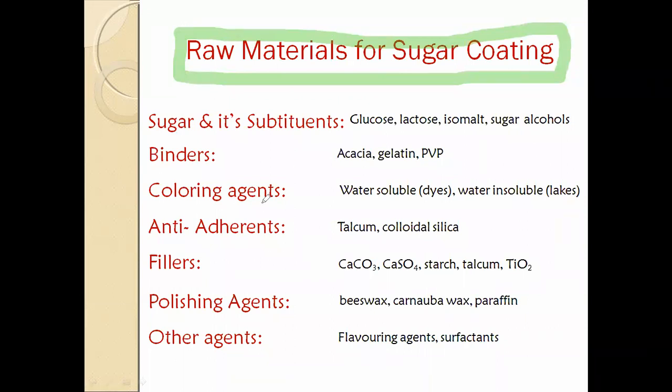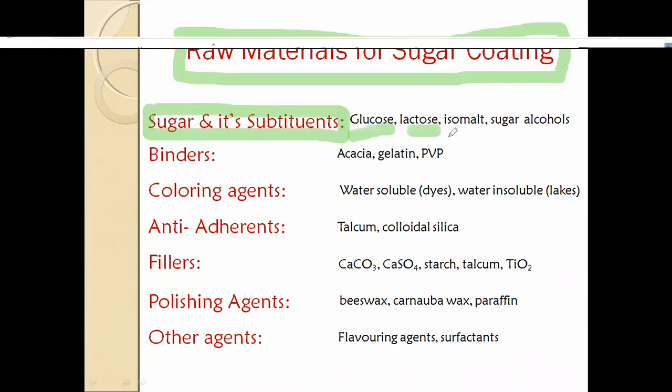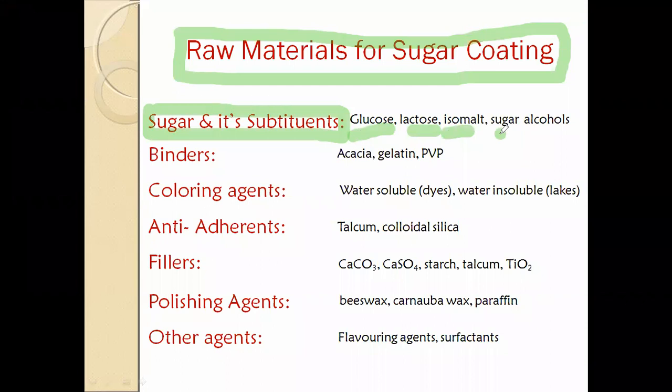Now, as in the earlier part, we have discussed that sugar coating is a process where we apply sugar bases, normally sucrose. So normally the basic content will be sugars and their substitutes. You can use sucrose, glucose, lactose, then we have isomalt, that is an alcoholic sugar, you can use.